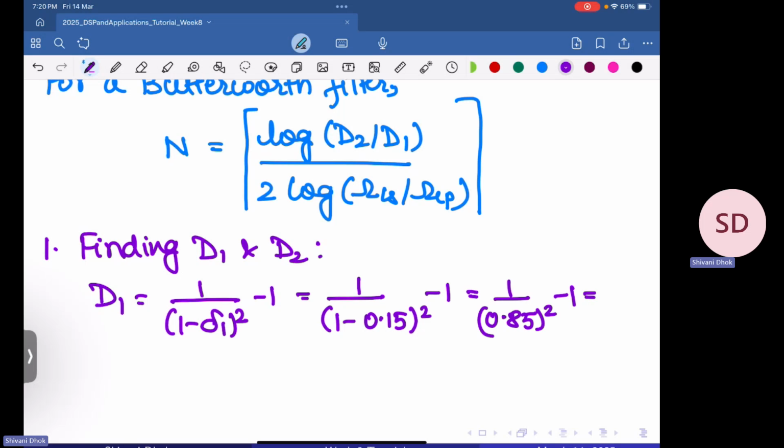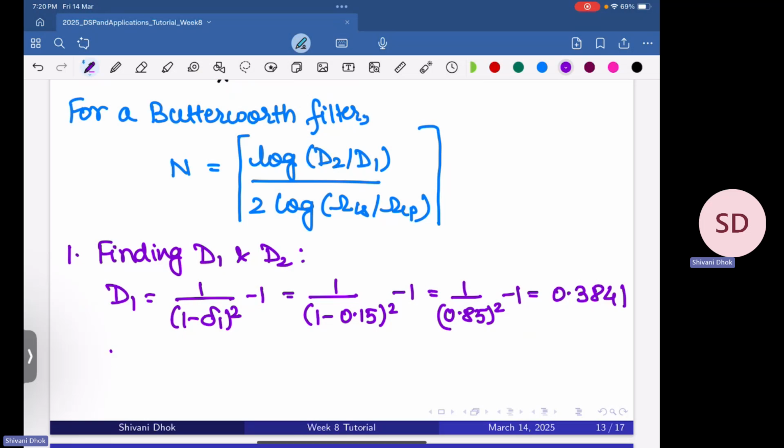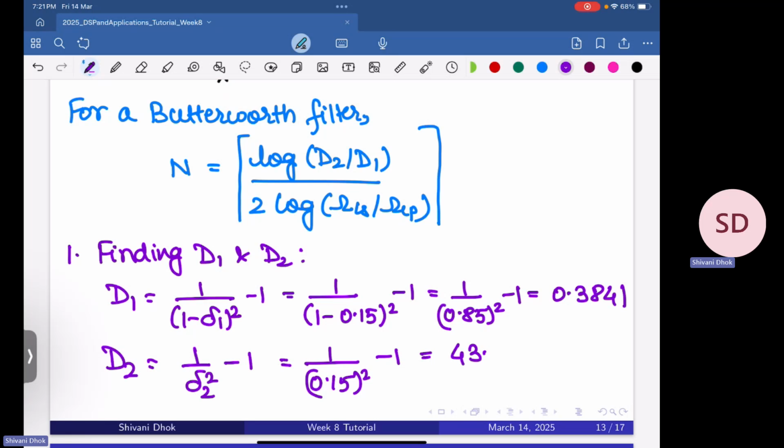If we use our calculators, we get this as 0.3841. And in similar fashion, this d2 is 1 upon delta 2 square minus 1, which is equal to 1 upon 0.15 square minus 1, and this comes out to be equal to 43.4444.